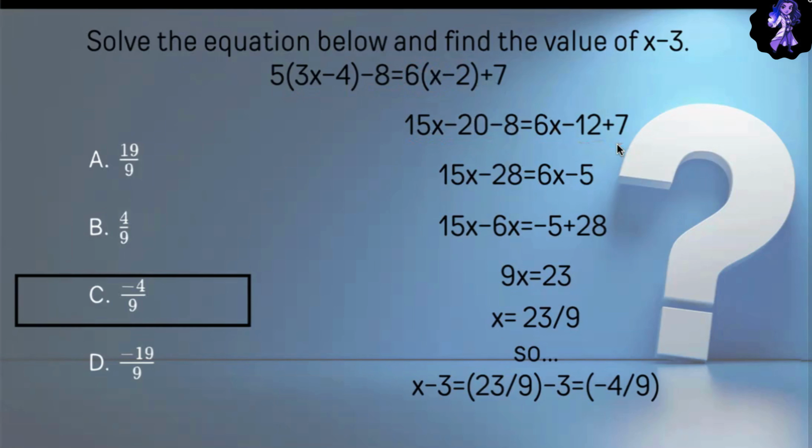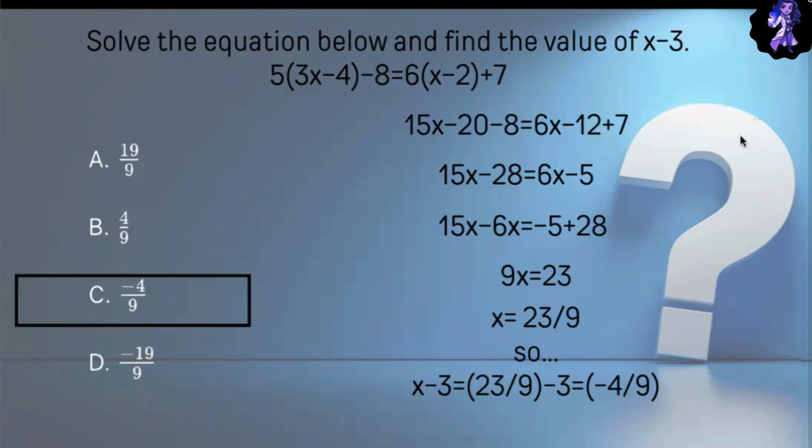Now we're going to combine like terms now that we've gotten rid of our parentheses. Remember, in PEMDAS, the next thing we're going to solve is E, exponents, which we don't have here. And then we have multiplication, division, addition, and subtraction.